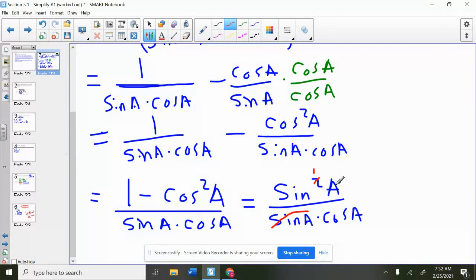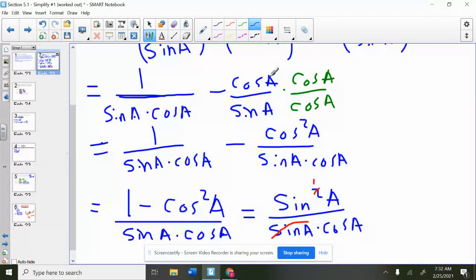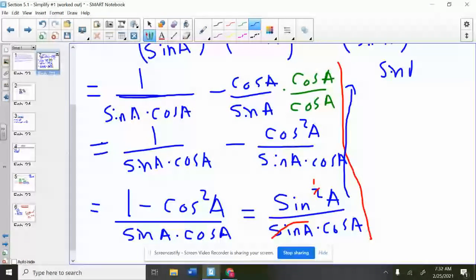Because if this is sine times sine and I take one of those away, I'm just left with 1 of them. That would leave you with just a sine now. Over on the bottom, you're left with just a cosine. So you had a sine, but it canceled out, so you're left with a cosine. You had a sine squared, but you cancel one of them out, so you're just left with a sine to the first. So what's sine over cosine?